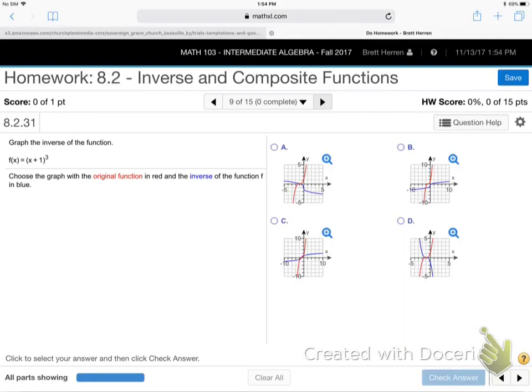Okay, so number 9, they're saying y equals x plus 1 to the third power. So first off, can we find the inverse? Let's find the inverse function.